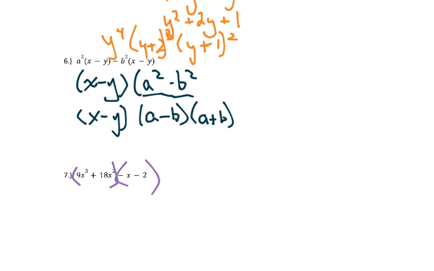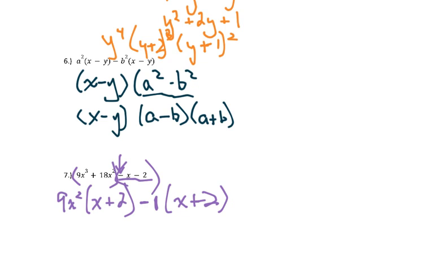Right, so in that first set there, what can I factor out? I could factor out a 9 and an x squared, and that will leave me with x and then plus 2. All right, now in the second set here, I could factor out a negative 1. Right, so I'm going to factor out a negative 1 right from that sign right there, and I'll be left with an x plus 2 as well.